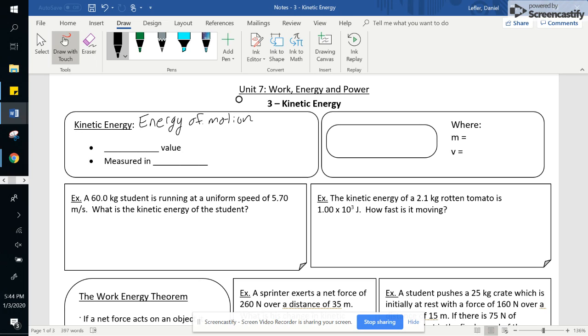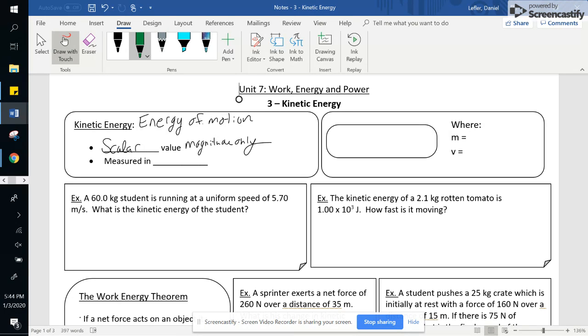It is related to how fast it's moving, and we'll talk about that when we get to the formula. The big thing to know is that it is a scalar value. So again, it's a magnitude only. There's no direction associated with this.